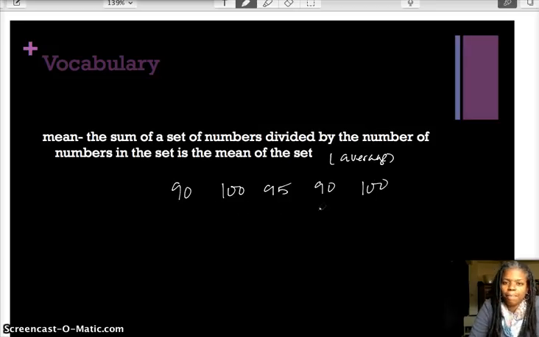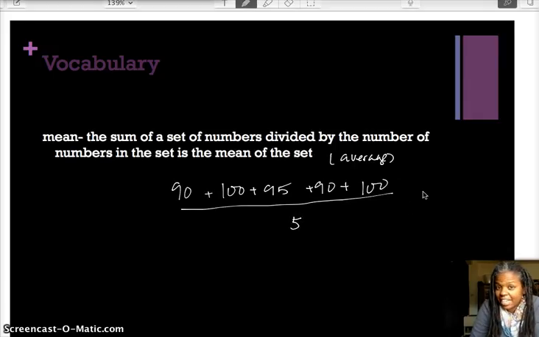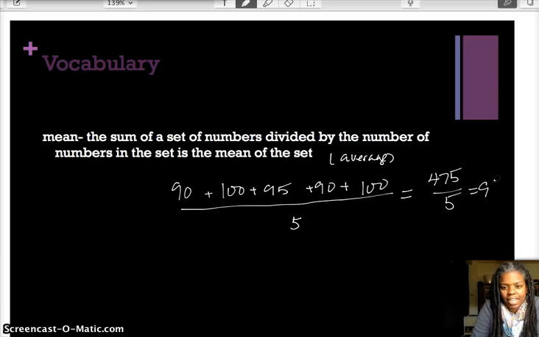If you wanted to find the mean or the average, you would add all of these numbers together, and then you would divide by the number of numbers. We've got 1, 2, 3, 4, 5 numbers. So I would divide by 5 to figure out that my average is 95, because when I add the numerator or the top part together, I get 475, and when I divide that by 5, I get 95. So the average of this whole thing is 95, and average means mean.